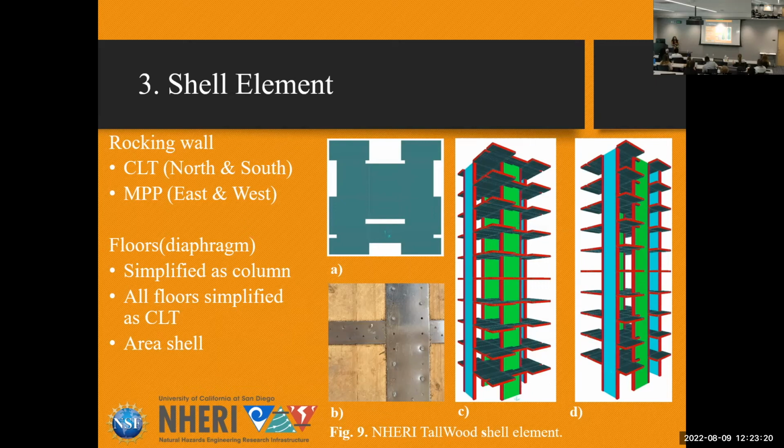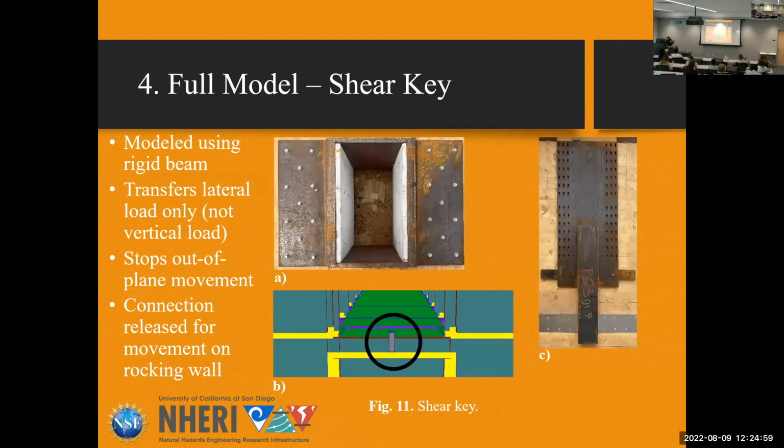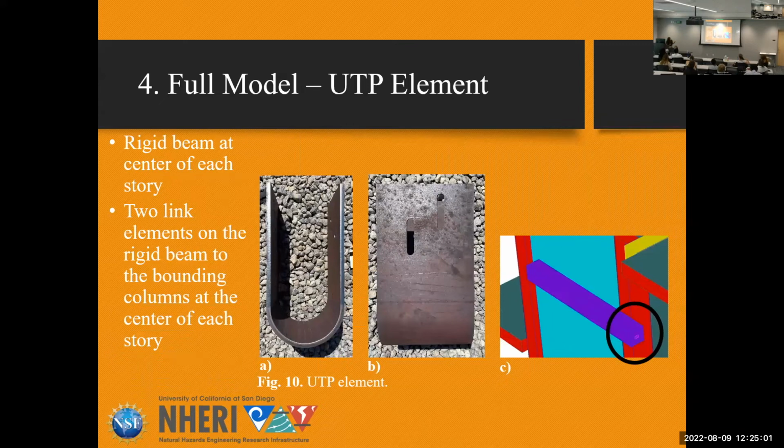Then your floors, or the diaphragm, seen in a dark blue, almost black color. In the actual building, these floors are different types of mass timber, but in mine they're all CLT. Next is modeling the UTP element, which is the element in the actual building that helps keep the rocking wall in plane.